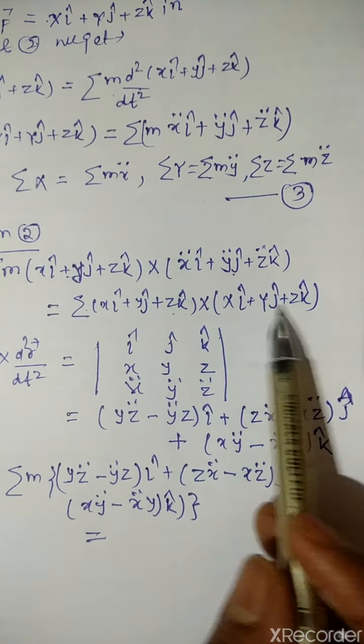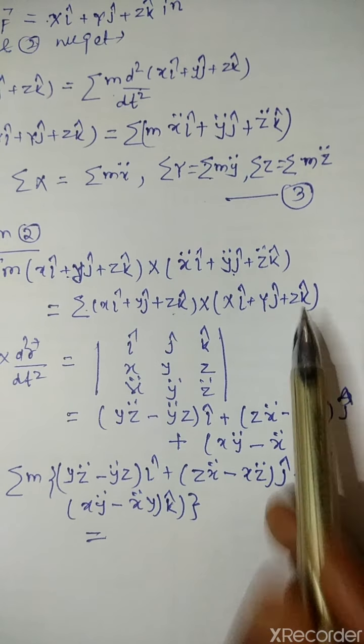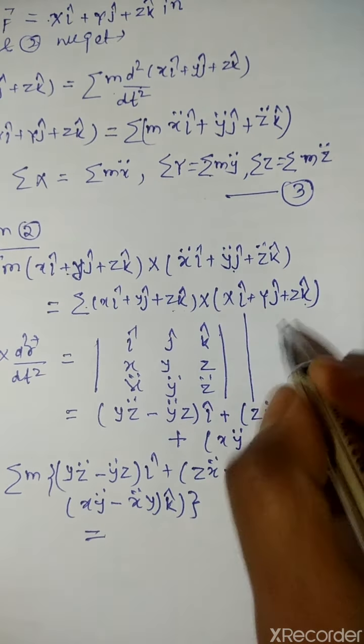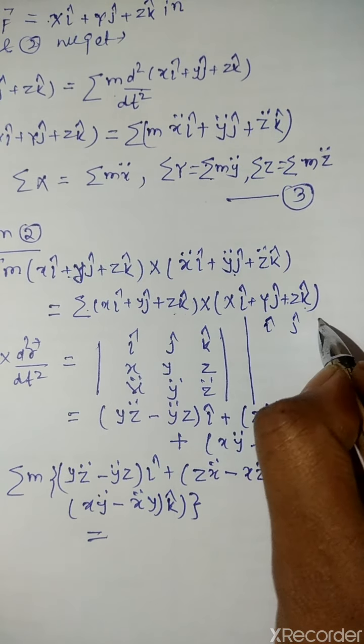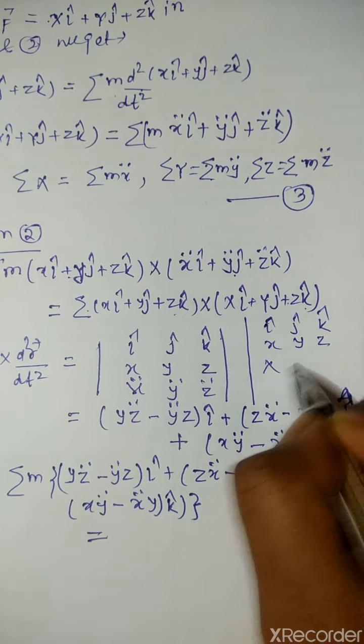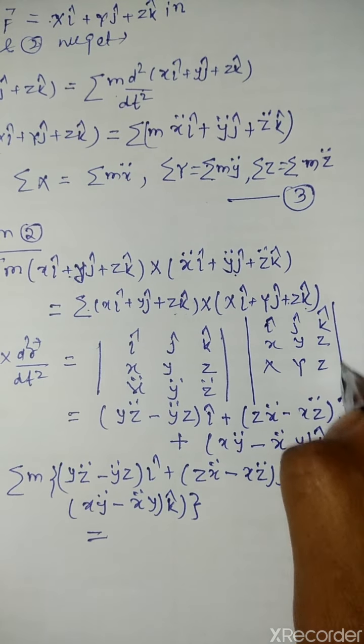This value is equal to the cross multiplication of this term, so we can see i, j, k, x, y, z, then capital X, capital Y, capital Z.